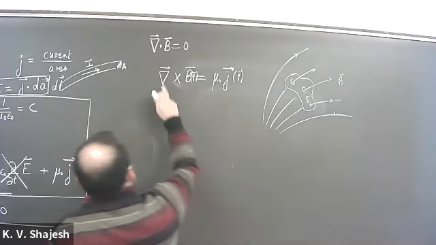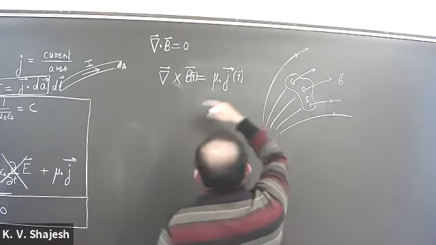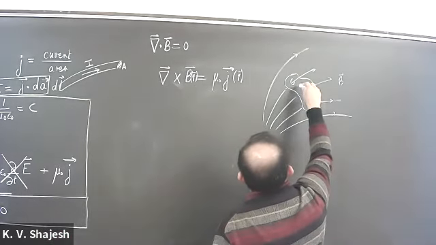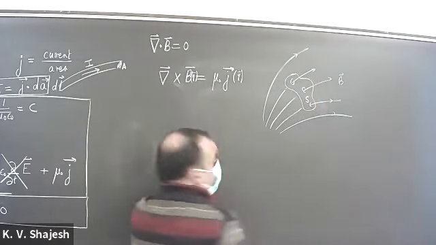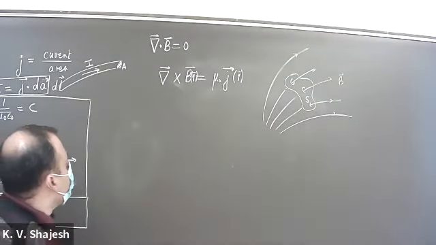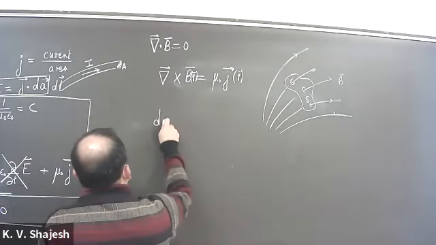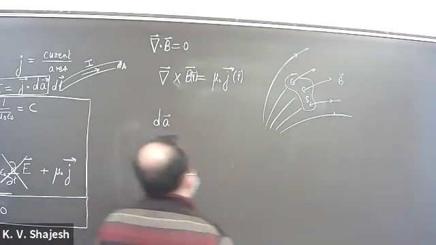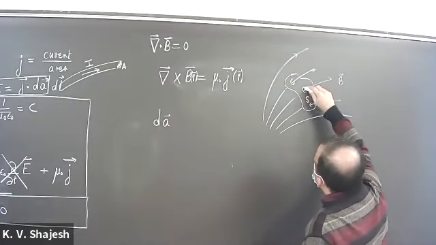So on that surface, I integrate. I calculate this equation on left and right hand side at each point on the surface. Each one is a vector, and then I add it up in the sense that I first take a dot product. So at each point, I calculate dA. dA will be perpendicular to the surface.